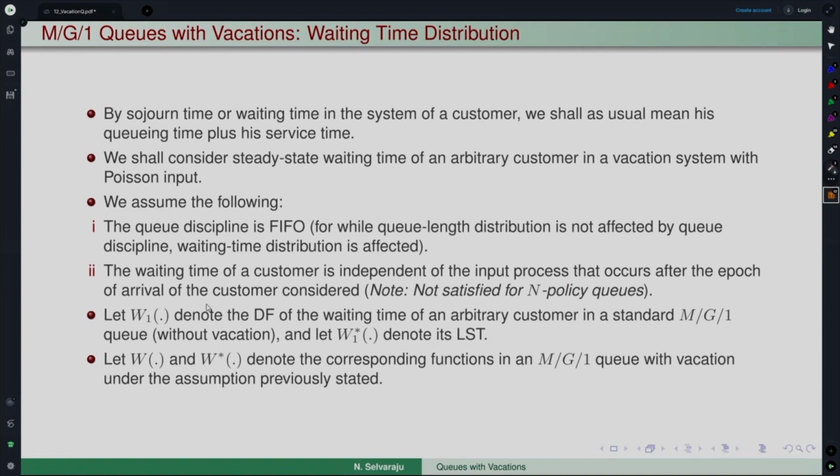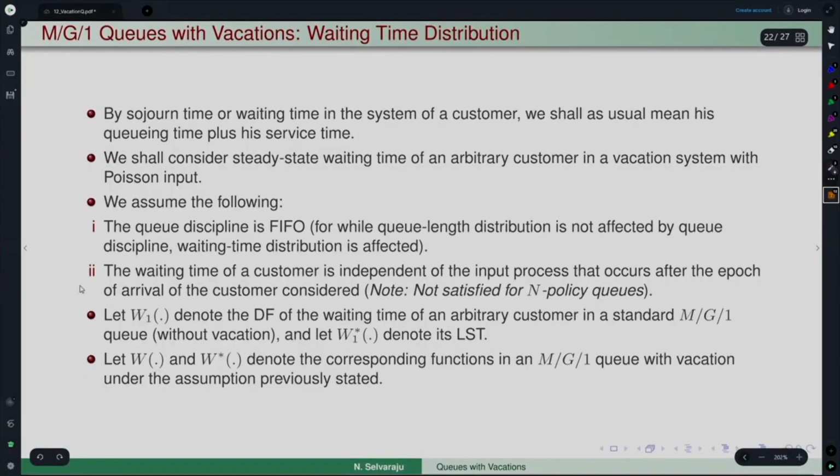If you consider the customer and you have N policy, that means whether this customer number is less than N or greater than N matters. So, this assumption does not hold for N policy. Under this assumption only we are deriving this result.